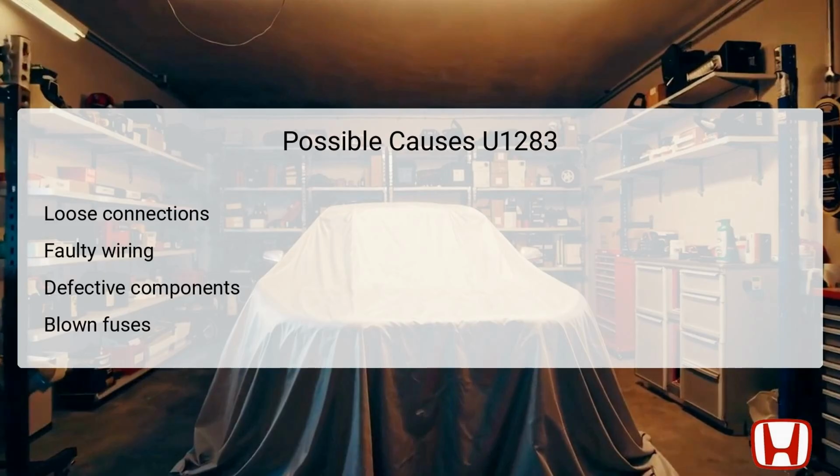Defective components in either the Multiplex Control Unit or the MICU may cause them to malfunction, leading to the detected DTC. A simple but often overlooked cause is blown fuses, which can cut off power to the necessary circuits involved in the communication process. Checking these possibilities thoroughly will aid in resolving the issue effectively.